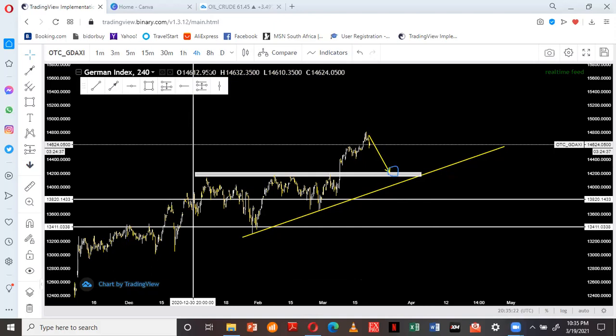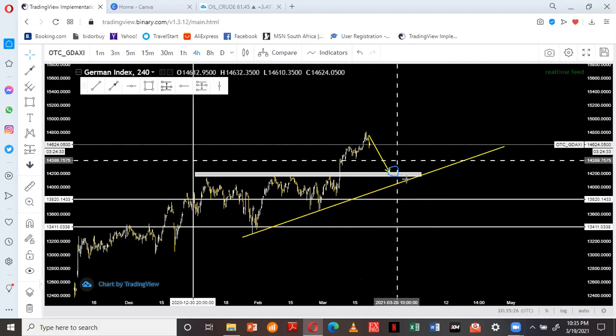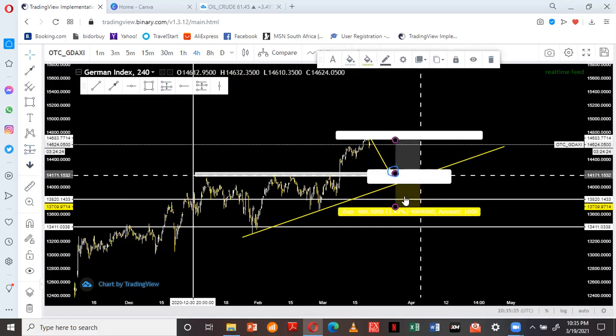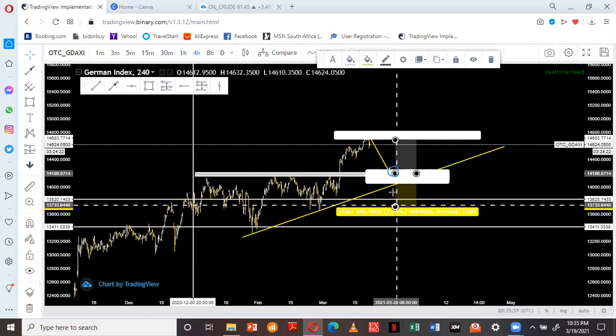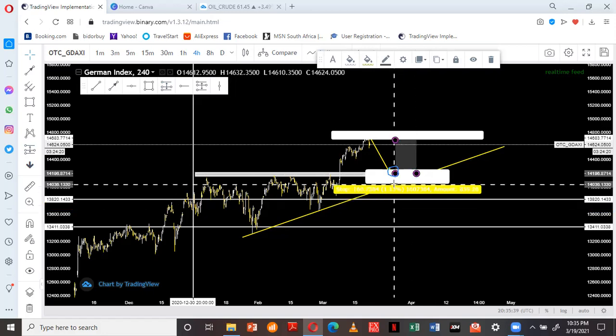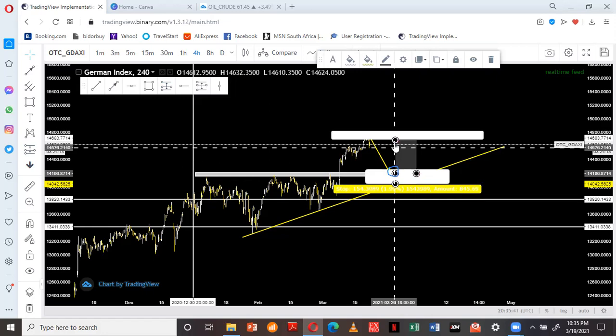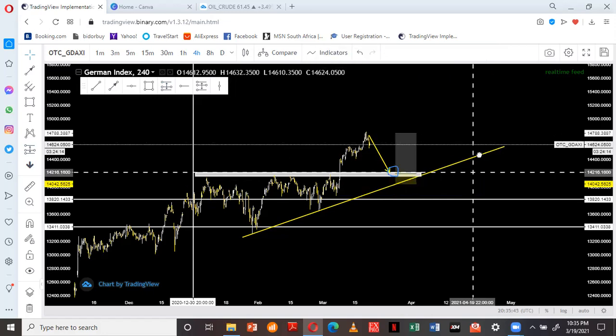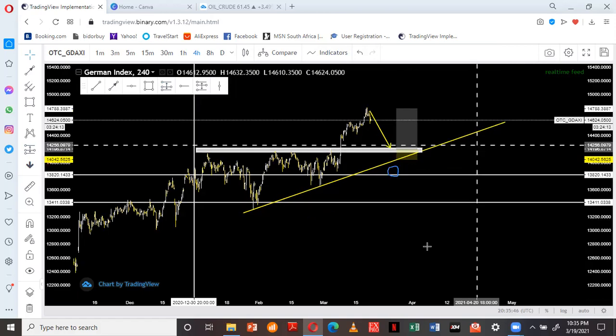You're going to have your stop loss set strictly below that level, like that. Let me show you. You're going to have your nice stop loss strictly set below that level, which makes it easy for risk management to be applied.